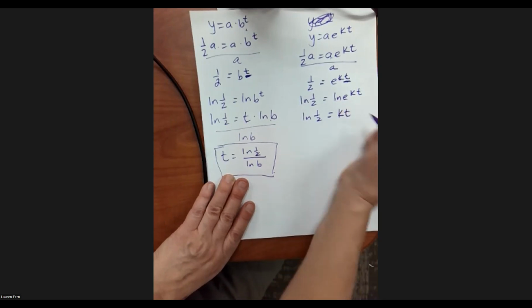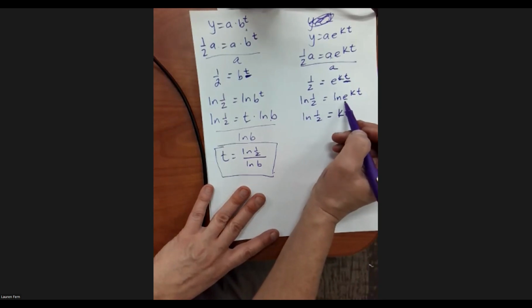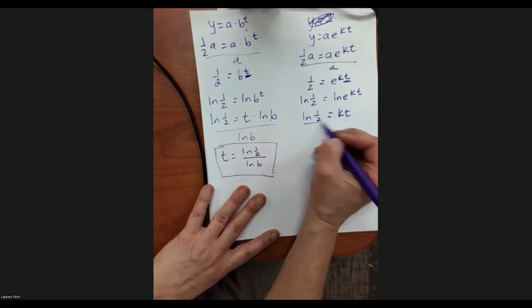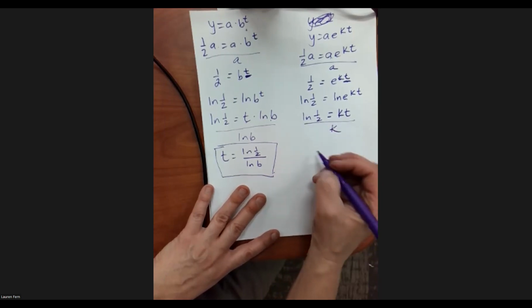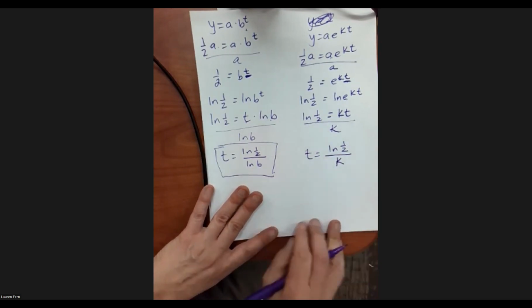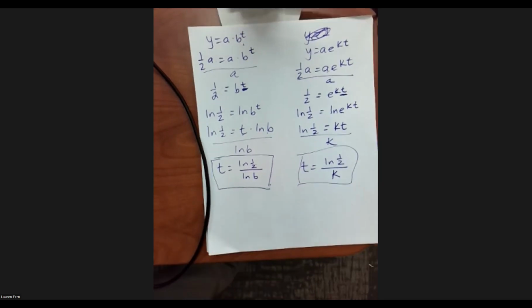We're just left with kt. Right? These are inverses of each other. So if we wanted t alone over here, we would just divide both sides by k. So what we've done is we've now looked at this in general.